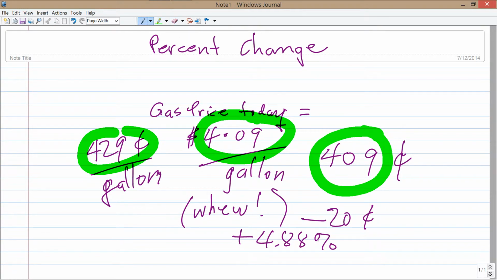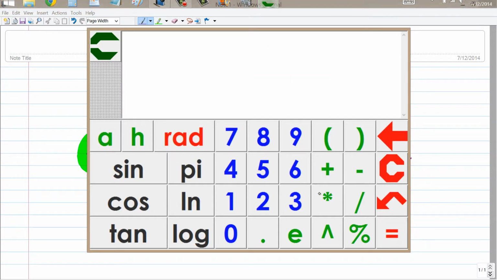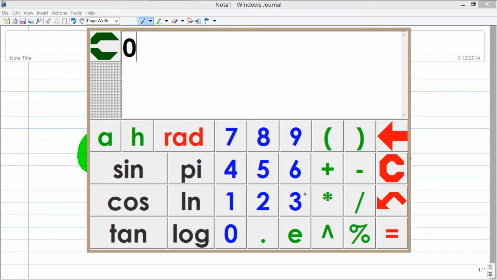So far, so good. You with me? Now, you might think that's going to be the same percentage decline as we had at the very beginning. But let's find out for sure. Let's divide a negative 20. Now, how am I going to get negative 20 on this calculator? I think what you do is 0 minus 20.